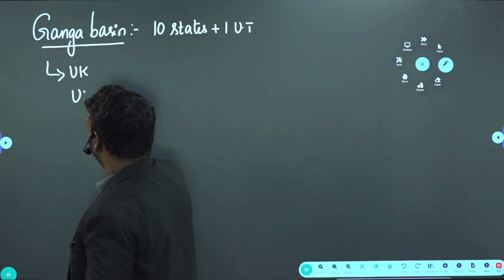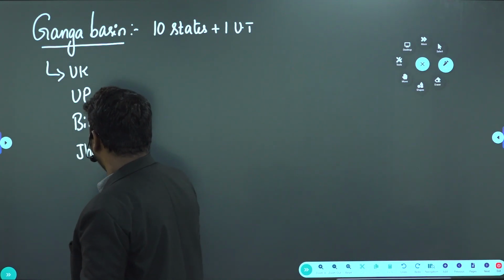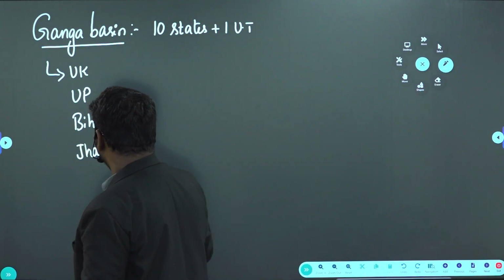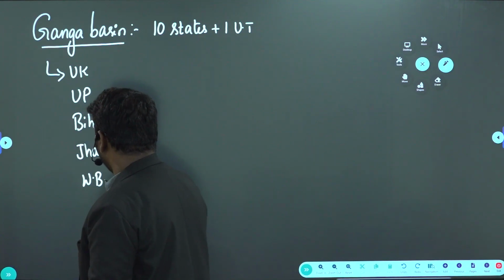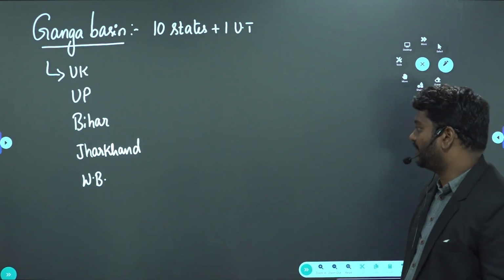Uttarakhand, Uttar Pradesh, Bihar, Jharkhand, West Bengal. These 5 are where Ganga flows.